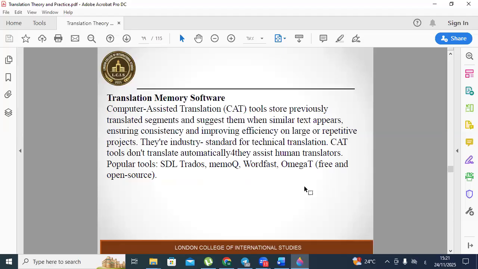They ensure consistency and improve efficiency on large or repetitive projects. They are industry standard for technical translation. CAT tools do not translate automatically. They assist human translators. Popular tools include Trados, MemoQ, Wordfast, OmegaT, which is free and open source.